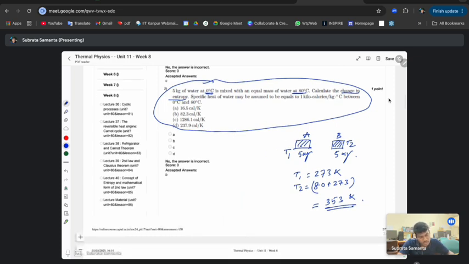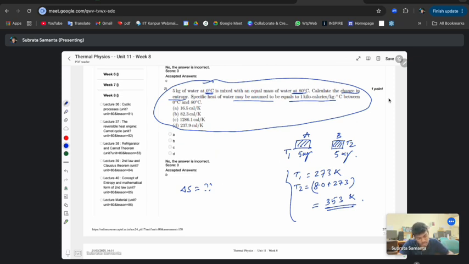So calculate the change in entropy. You have to calculate delta S, where S is the entropy and delta S is the change in entropy, and the specific heat of water may be assumed to be equal to 1 kilocalorie per kg per degree centigrade.